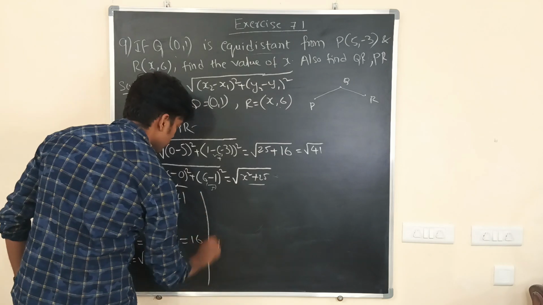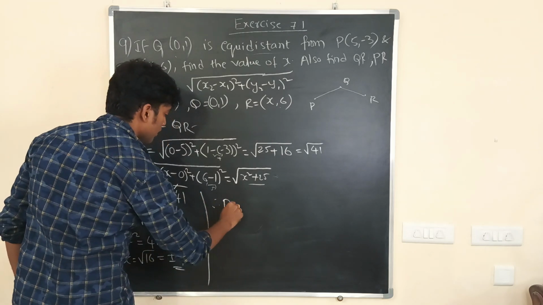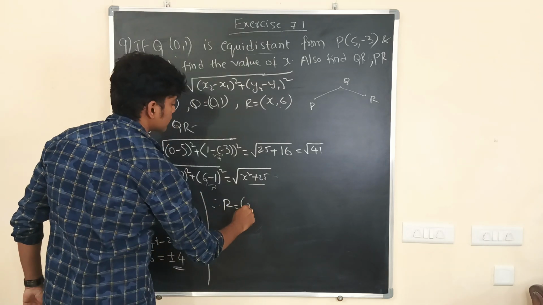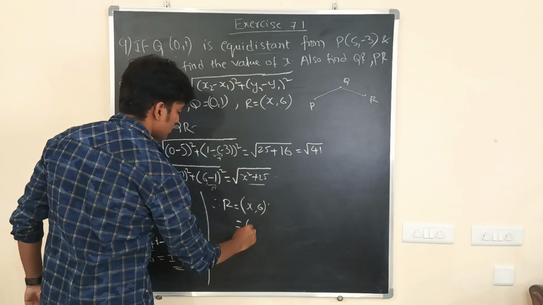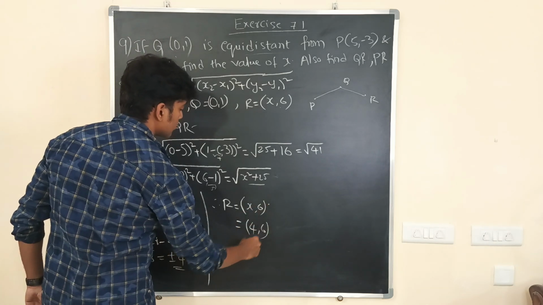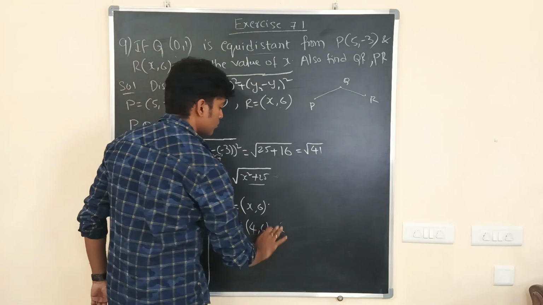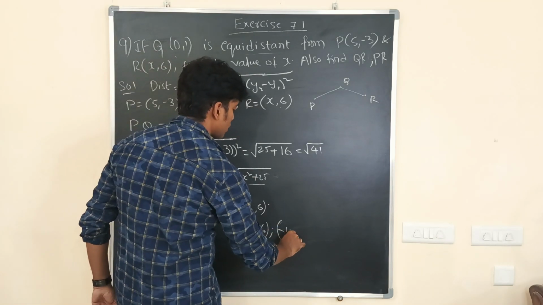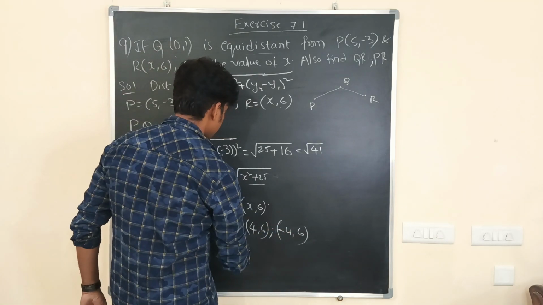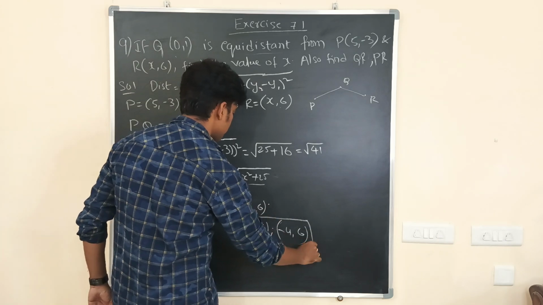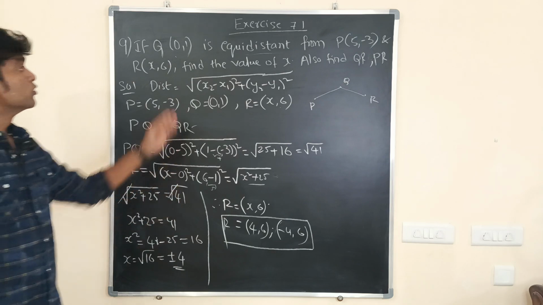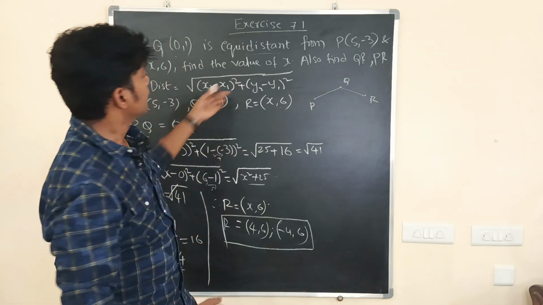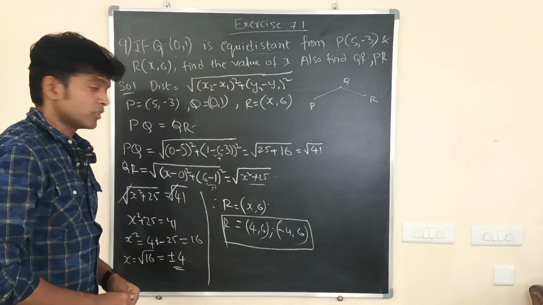Therefore, R is equal to x comma 6, which means 4 comma 6 or minus 4 comma 6. This is the value of R. So you got the answer.